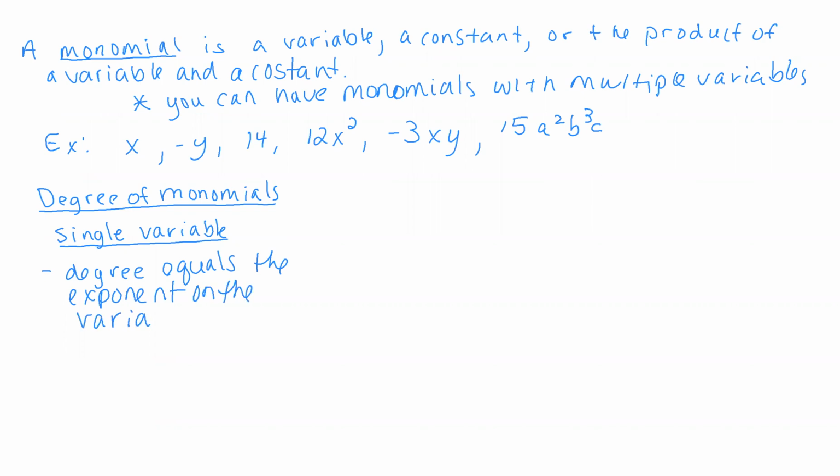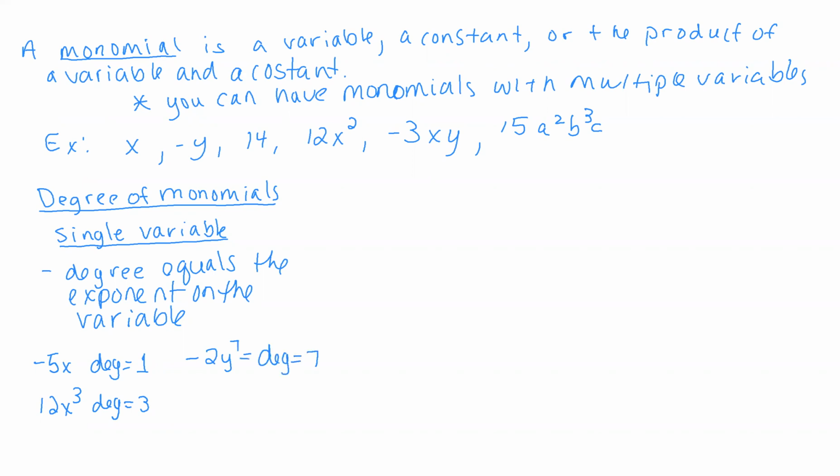So for instance, if I had negative 5x, the degree would equal 1. If I had 12x to the third, the degree would equal 3. If I had negative 2y to the seventh, degree would be 7.